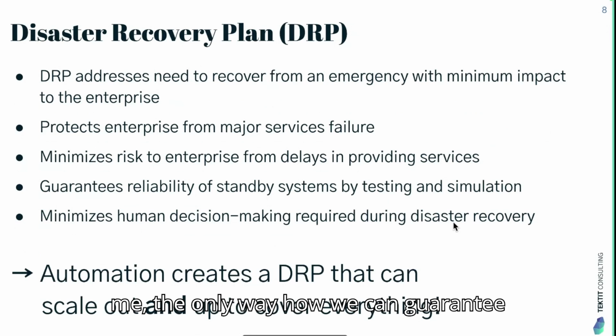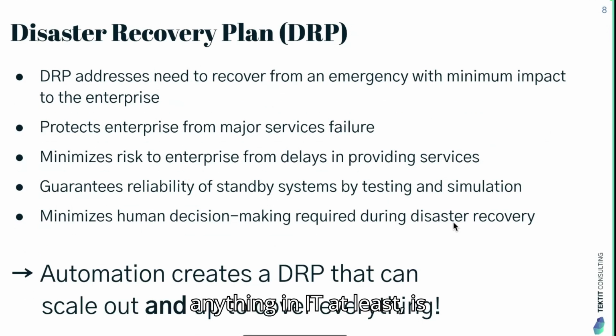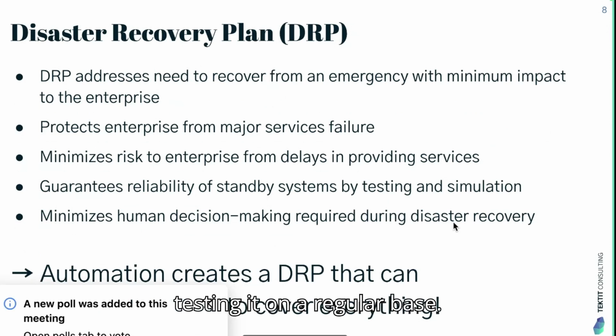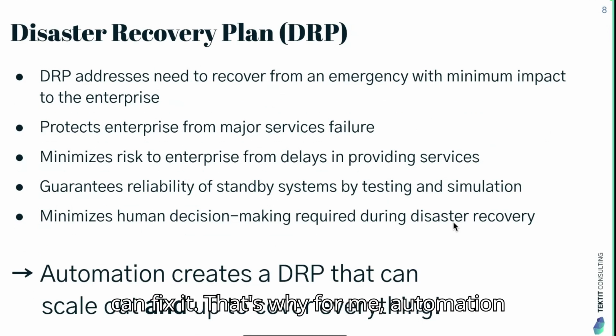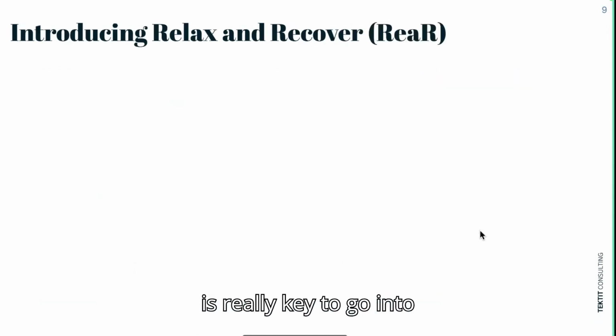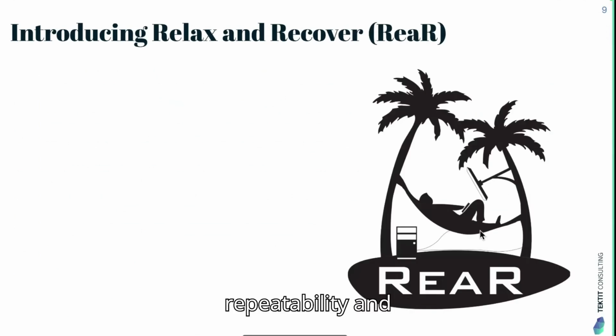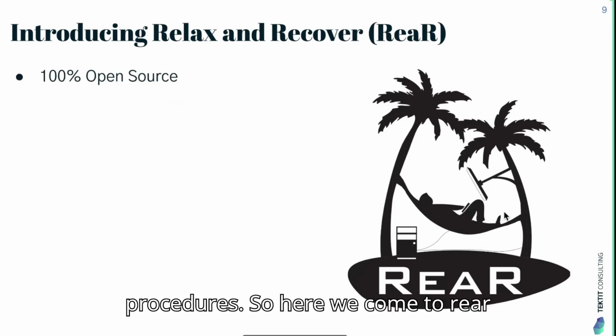And for me, the only way we can guarantee anything in IT, at least, is testing it on a regular basis. Just try it out. If it works, I can believe it. If it doesn't work, I can fix it. That's why, for me, automation is really key to repeatability and testability for disaster recovery procedures.